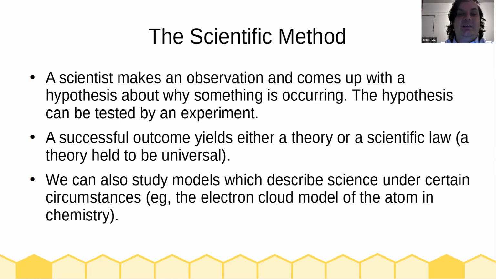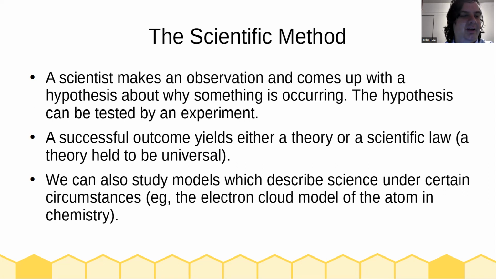So a scientist makes an observation and comes up with a hypothesis, which is an educated guess about why something is occurring. The hypothesis can then be tested by an experiment, which is going to say that the hypothesis is right or wrong, or somewhat right or somewhat wrong. And once this experiment is done, it allows us to make a new hypothesis.